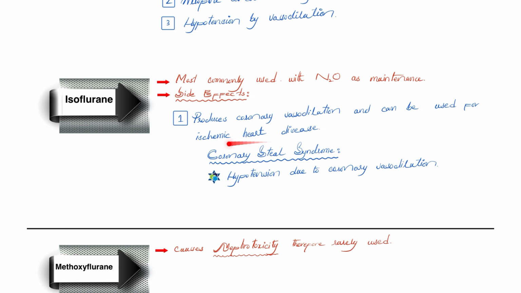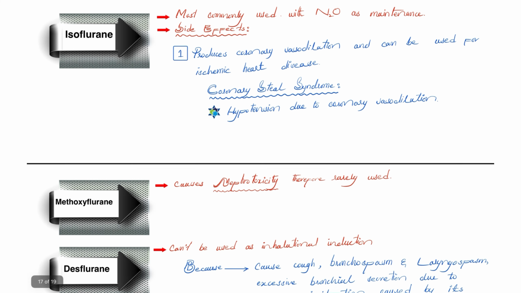But because of coronary vasodilation, it causes coronary steal syndrome. That is hypotension due to coronary vasodilation, because all the blood is being directed towards the heart and there will be a drop in blood pressure.